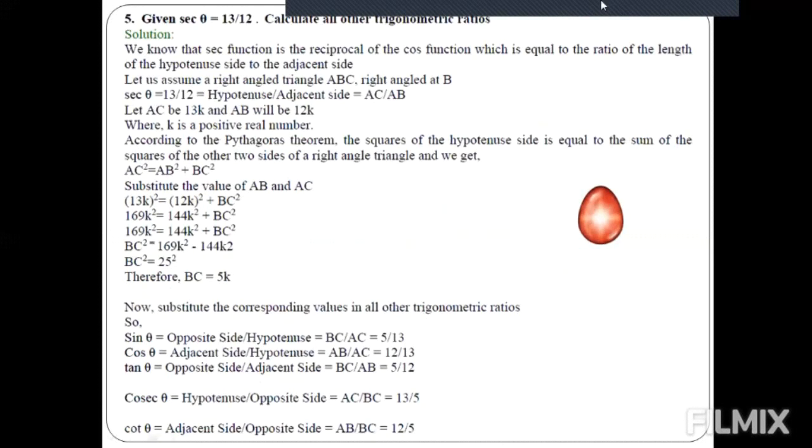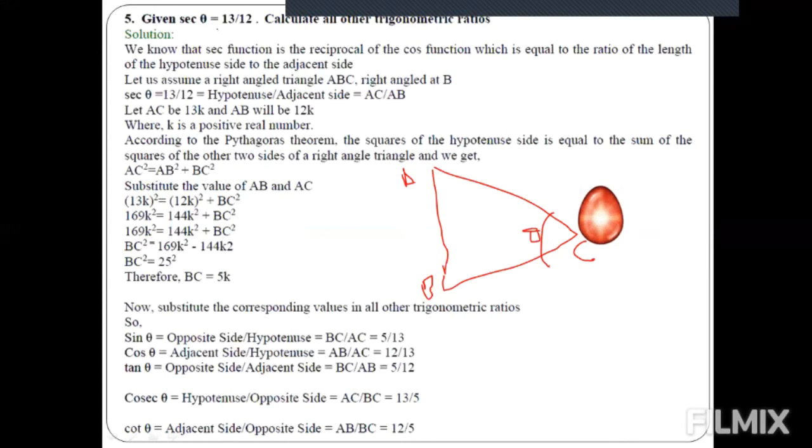Given secant theta equals 13 by 12, calculate all trigonometric ratios. You saw these questions in the first slide. This is a right angled triangle A, B, and C. Let this angle be theta. Secant theta equals hypotenuse by adjacent.